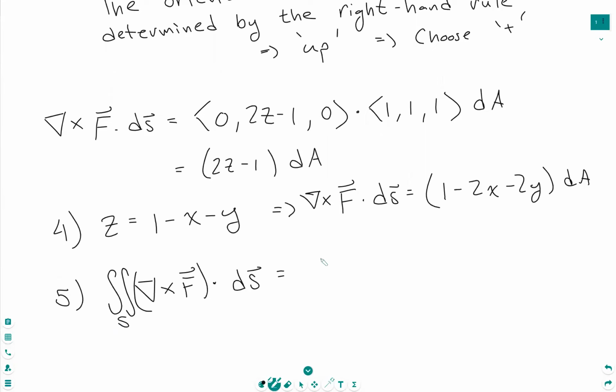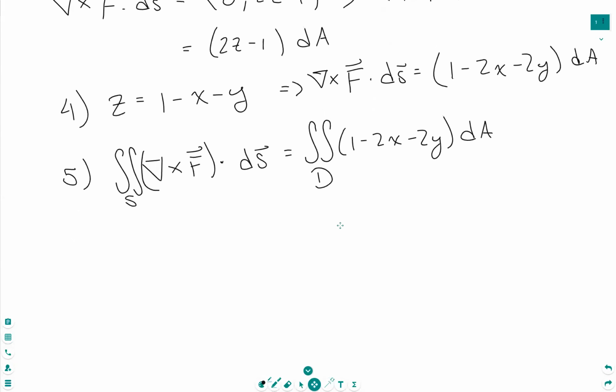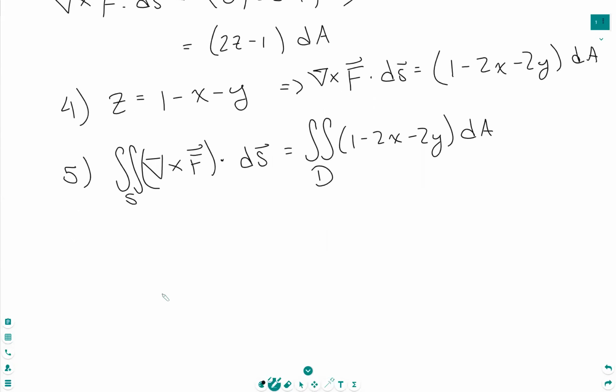Okay, so now we translated this into the area integral over D of 1 minus 2x minus 2y dA. So our region D was just this triangle here.